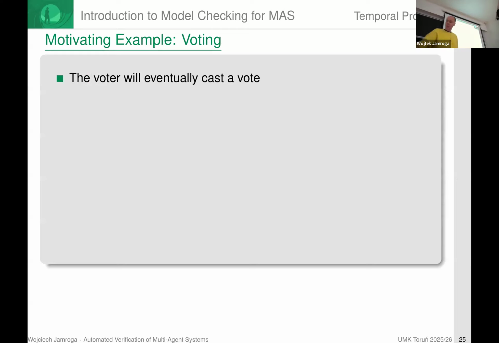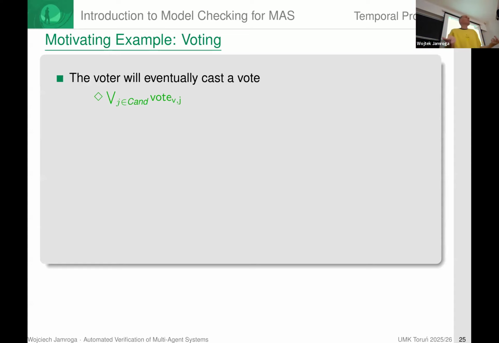Okay, so let's come back to the motivating example and try to specify the voting properties. The voter will eventually cast a vote. I think it's quite obvious how it should be specified. We basically need to take this diamond. Eventually, sometime in the future, the vote will have been cast.